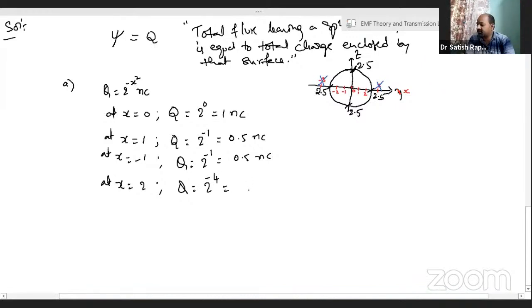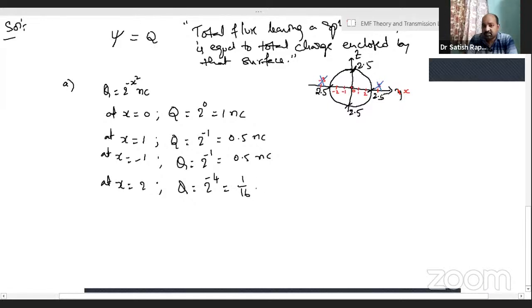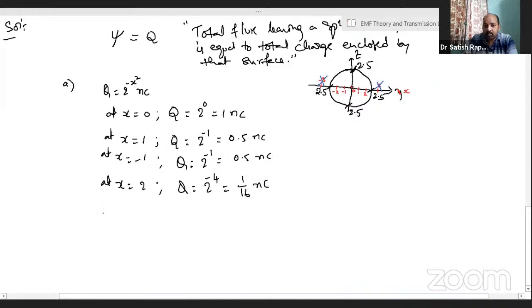So 2 power -4, we get 1 by 16 nanocoulomb. And similarly, at x equal to -2, you will get 2 power -4, and this is equal to 1 by 16 nanocoulomb, right?